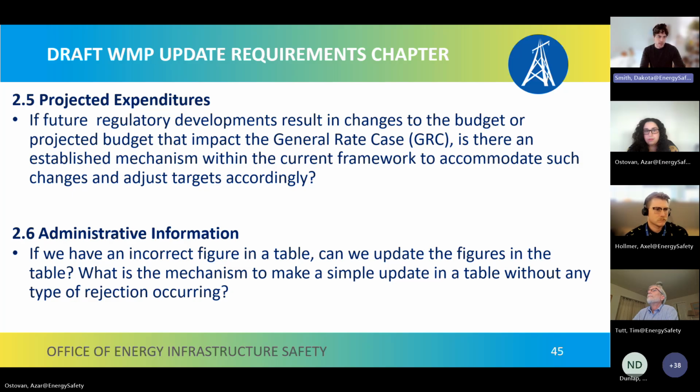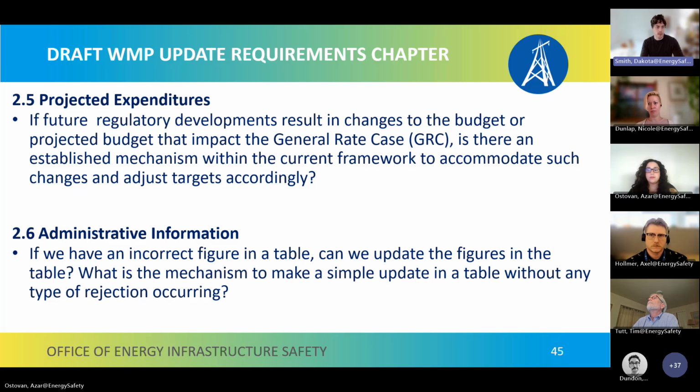Then our last question is on administrative information. If we have an incorrect figure in a table, can we update the figures in the table? What is the mechanism to make a simple update in a table without a type of rejection occurring? Answer for this, updating a figure in a table or any aspect of a table is reportable in this section only if it substantially changes the meaning of the table or the information within the table.